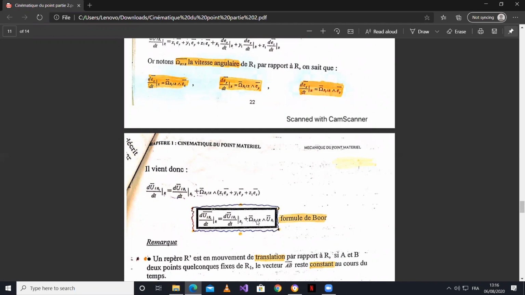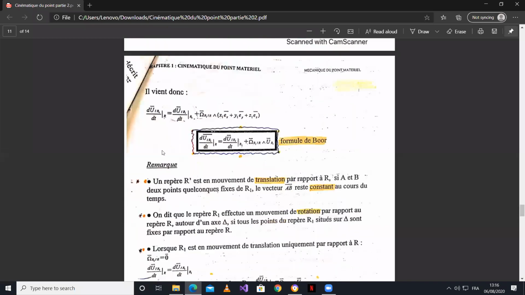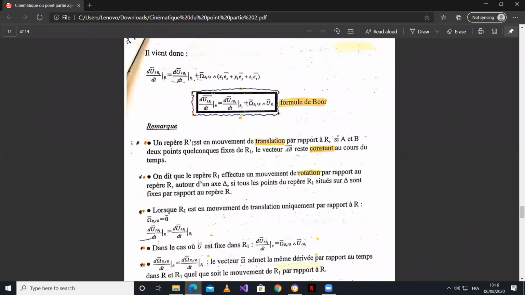Okay, great. So there's just a few remarks here. Remark number one. Un repère R1 est en mouvement de translation par rapport à R si A et B deux points quelconques fixes de R1, le vecteur AB reste constant au cours du temps.